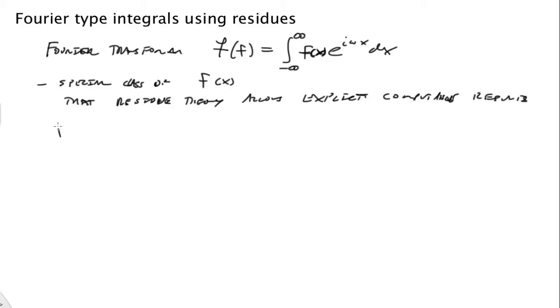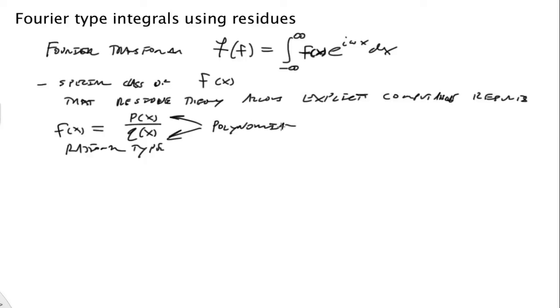What we're talking about is f of x of a rational type, of the form p of x over q of x, where both numerator and denominator are polynomials. And these polynomials have real coefficients.